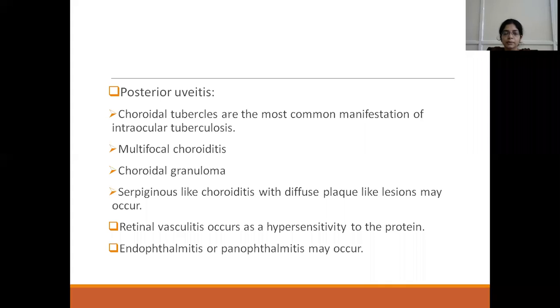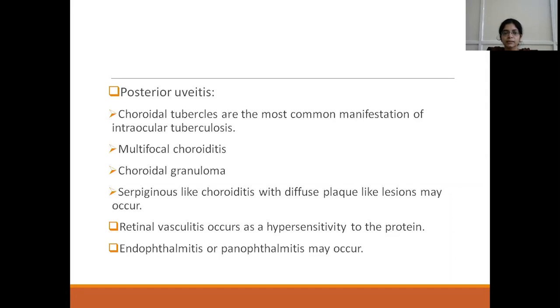Tuberculosis can also cause multifocal choroiditis. Again, as I've said, for posterior choroiditis, we'll try to look for all the common infectious causes like tuberculosis, syphilis, sarcoidosis, leprosy, multiple sclerosis, fungi like histoplasmosis and candida. You have to look for all the bacterial, viral, parasitic and fungal causes, and if you're not done with infectious agents, you'll move on to the non-infectious causes.